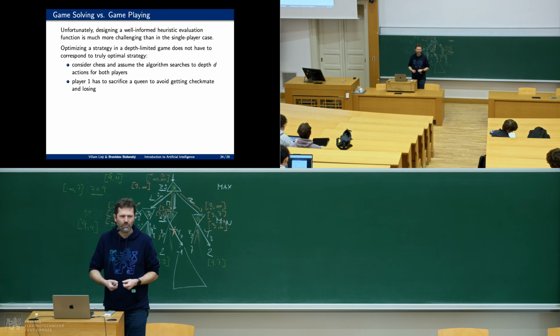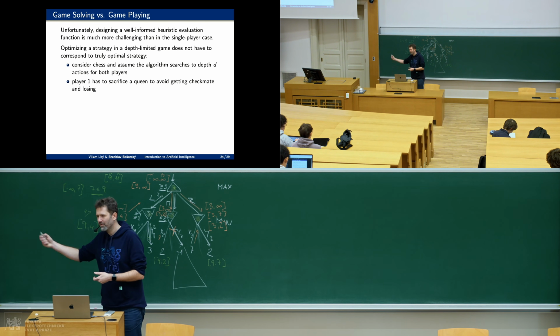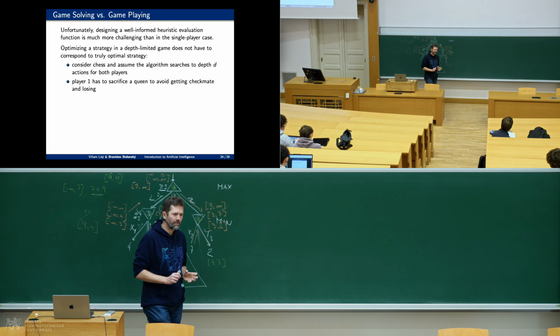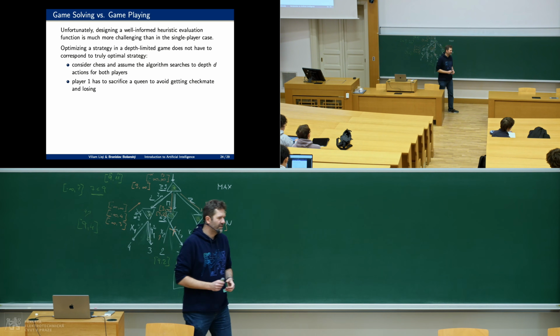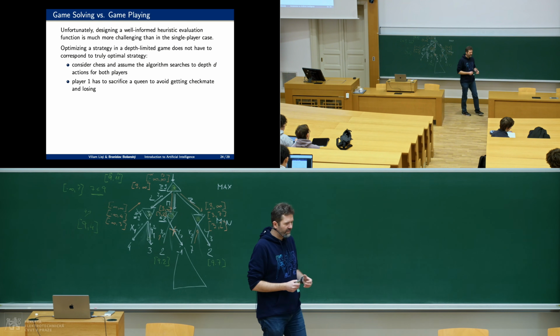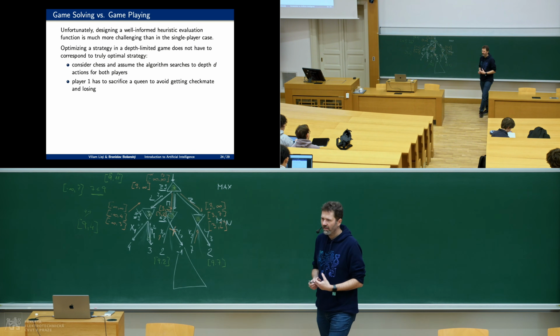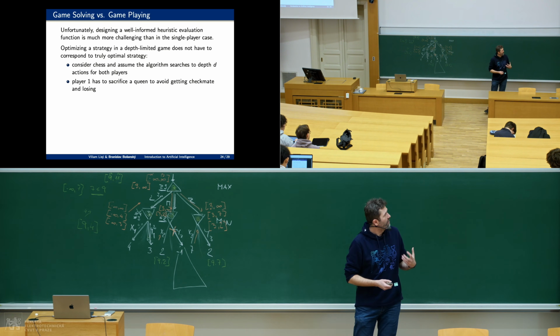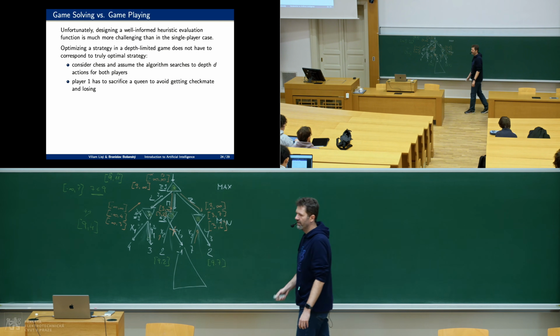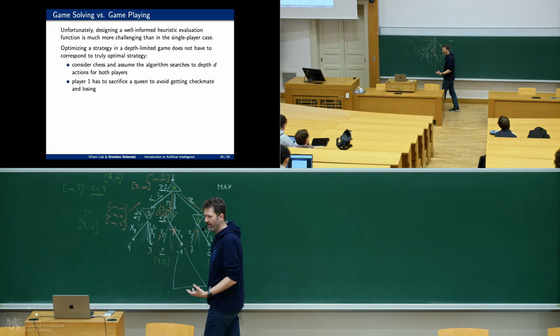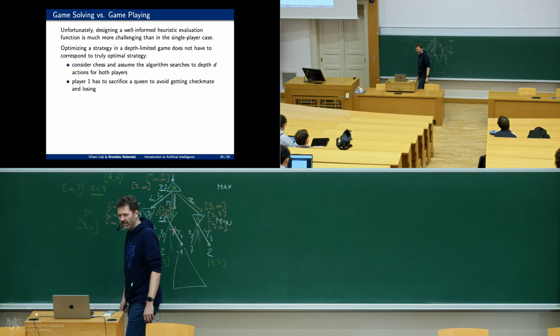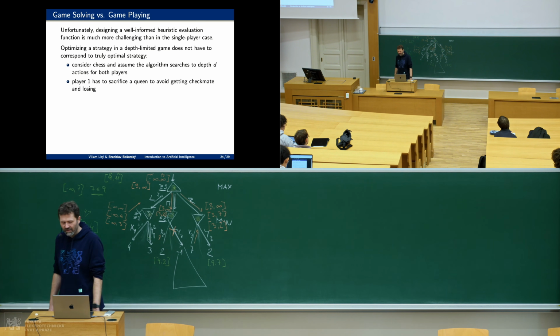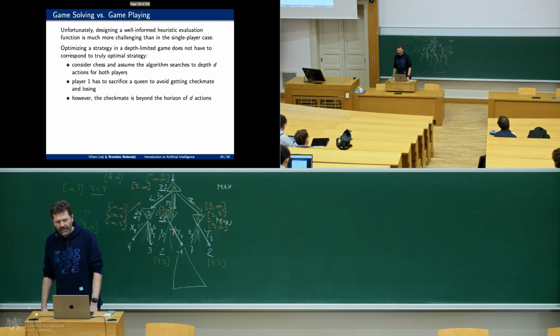Then we'll make a move and find out, okay, we need to sacrifice more pawns, and so on and so on. So we will postpone the decision that decreases our heuristic evaluation, even though this is a necessary step in order to play optimally, right?